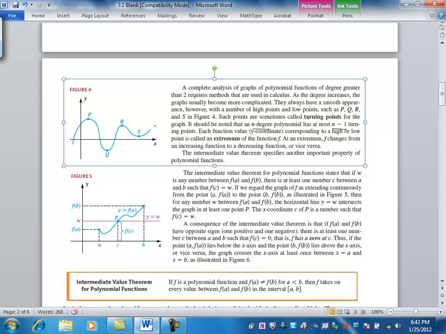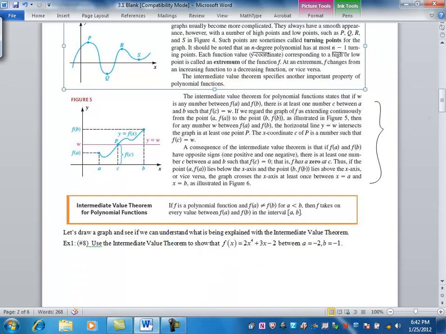The intermediate value theorem specifies another important property of polynomial functions, and we're going to build to that. I'm going to let you read through this a little bit here. I'm just going to summarize it with the theorem itself. If f is a polynomial function and the function evaluated at a is not equal to the function evaluated at b, in other words, these points as you look at them on the graph are not at the same height, and a is less than b, so a is to the left of b, then f takes on every value between f of a and f of b in that interval.